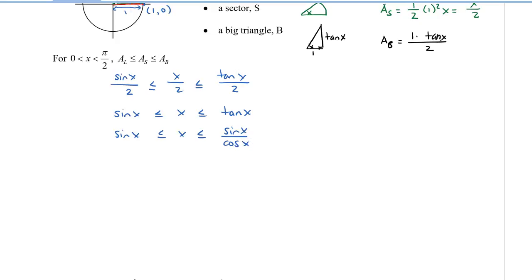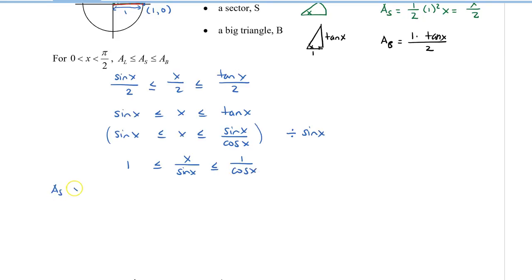Now I see that a lot of the expressions have a sin x, so what I'm going to do is divide every expression by sin x. So when I do that, I get 1 is less than or equal to x divided by sin x, which is less than or equal to 1 over cos x.